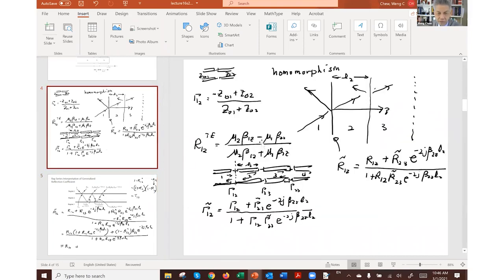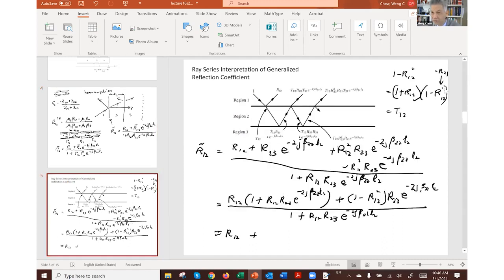If you have R12 and you swap the two indices to get R21, it would just change the sign and make this into negative R12. So I can change this R12 to negative R21, and then this would just be T21. So this becomes T21, this becomes T12.